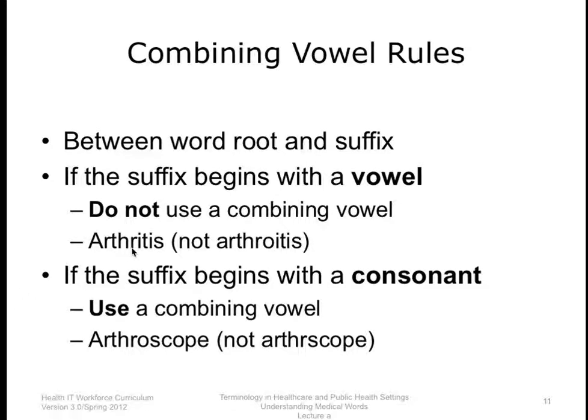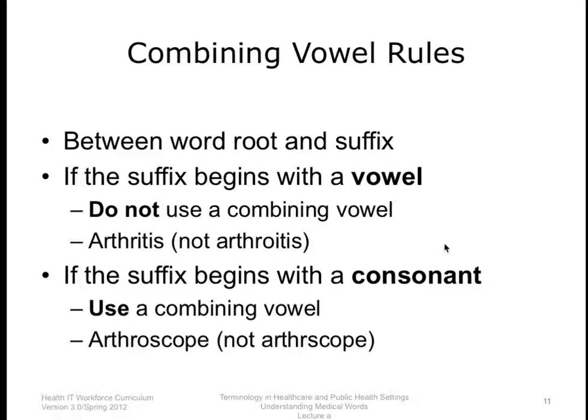This means joint. Itis means inflammation. So typically to combine two words, we said we would use the vowel O, but because the suffix begins with the vowel I, or begins with any vowel, we don't put O in there. So we connect the two words together as arthritis. We don't put an O in, because that would not be appropriate.